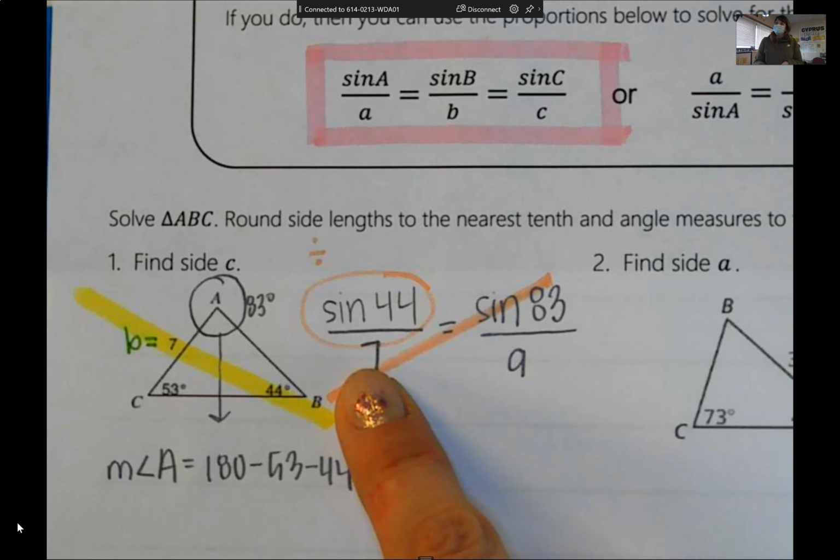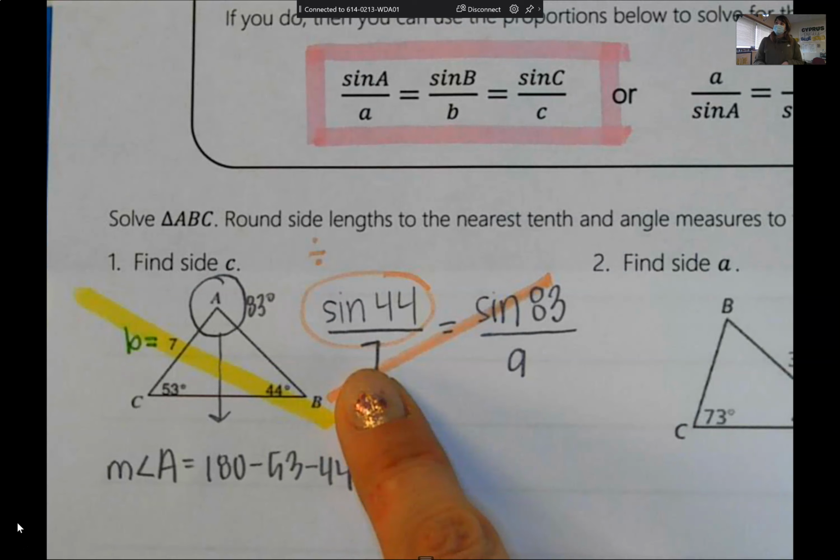So this says I can set this ratio equal to the sine of the angle we just found, sine 83, over the side that I want to know, which is A. Now this is a proportion, and there's a shortcut to solving proportions. Whenever you solve proportions, you multiply the two known values that are in a diagonal.